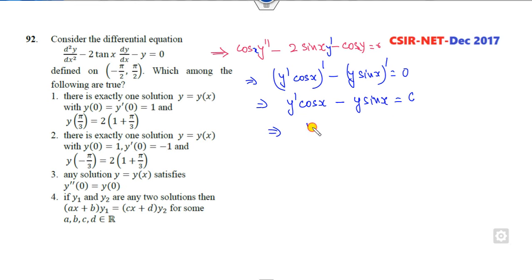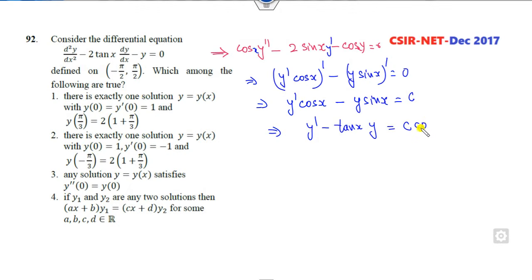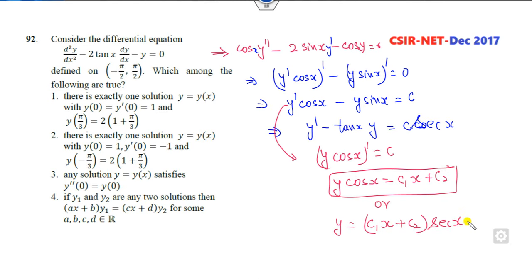Now it's a linear equation. y dash minus tan x y is equal to c secant x. Or you can also write it as y cos x equals c. So the solution will be y equals c1 x plus c2 times secant x.